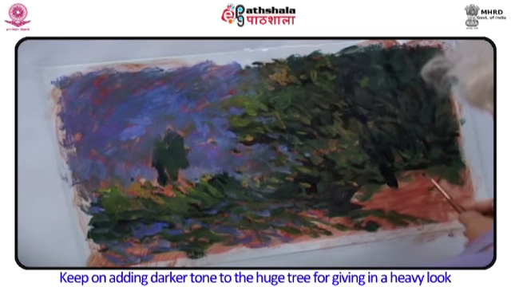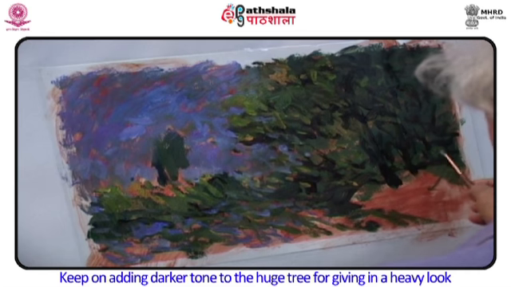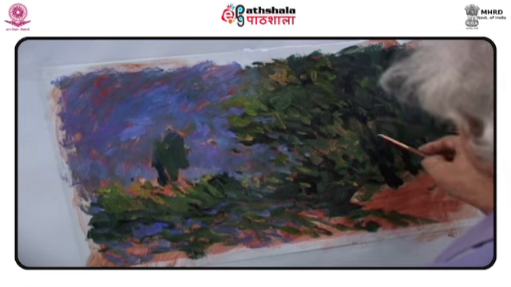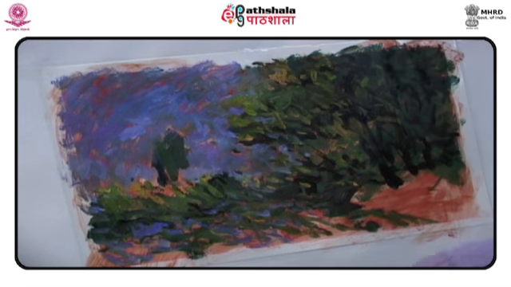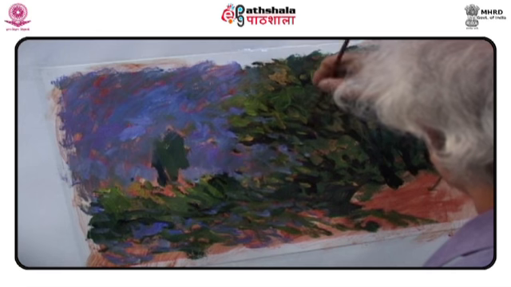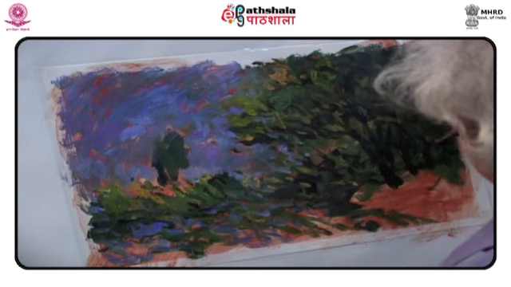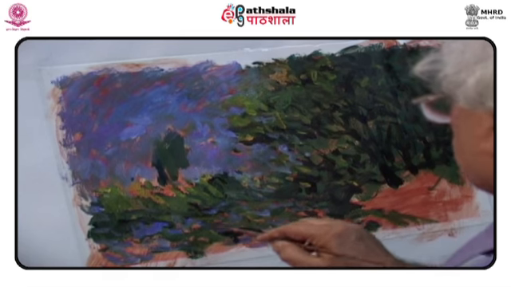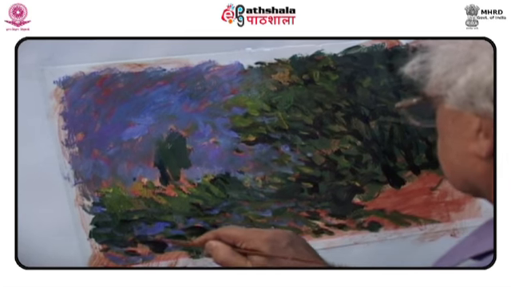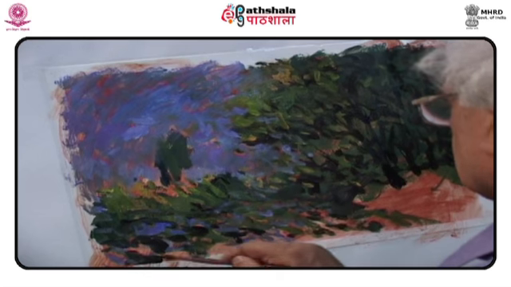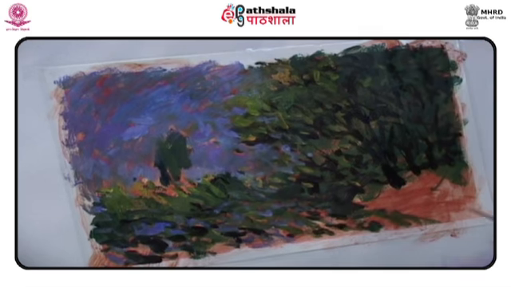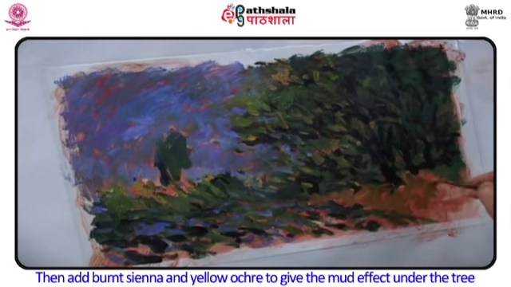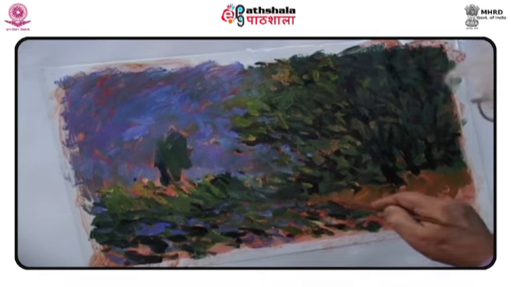Keep on adding darker tone to the huge tree for giving in a heavy wool look. Then add burnt sienna and yellow ochre to give the mud effect under the tree.